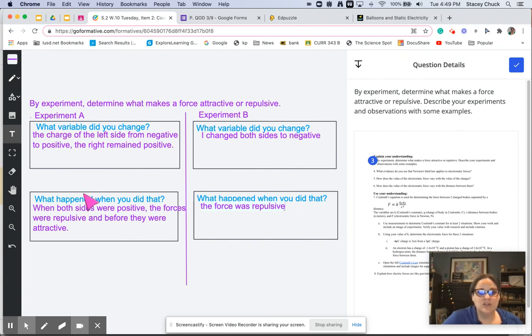Because remember, the original situation was the left side was negative and the right side was positive. In experiment A, all we did is take the left side negative and make it also positive. So it was originally attractive when they were opposite, but then when we made them the same, it became repulsive. And then just to check it, we did both negative, and they were also found to be repulsive.